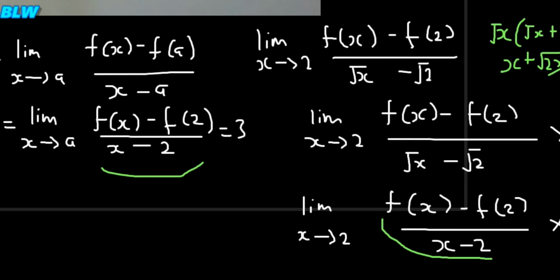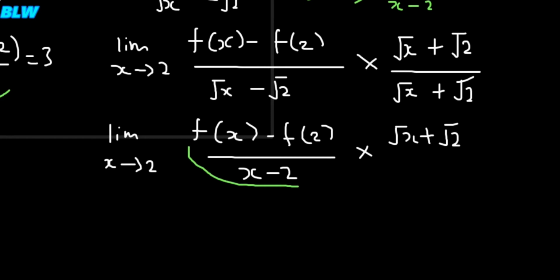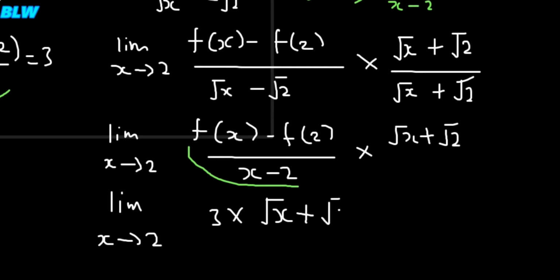So that's what that means. From there I can see that the limit as x approaches 2 will be equal to 3 times the root of x plus root of 2.